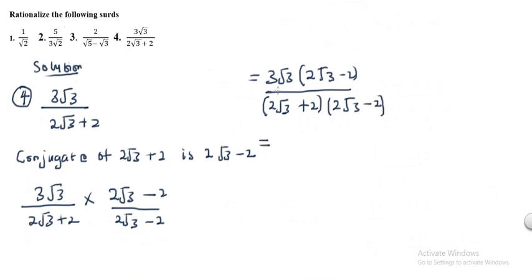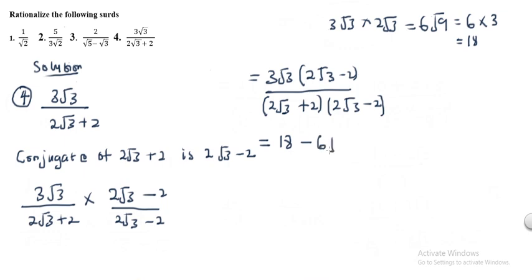From here, this will be equal to 3 root 3 times 2 root 3. 2 multiplying 3 makes 6, and root 3 times root 3 makes root 9. Now root 9 is equal to 3, so this is 6 times 3, which is 18. Then 3 root 3 times minus 2 is minus 6 root 3.